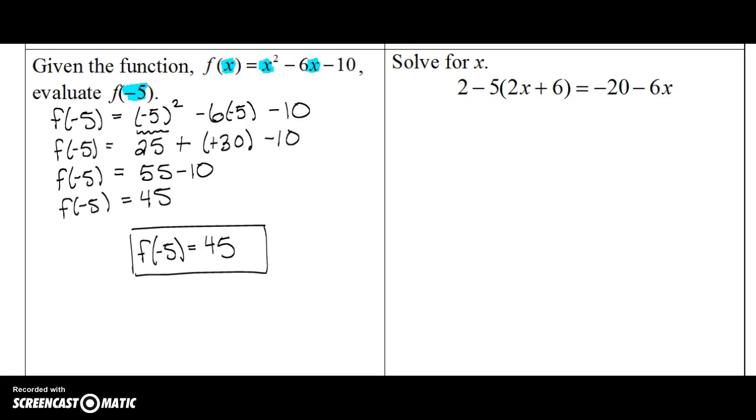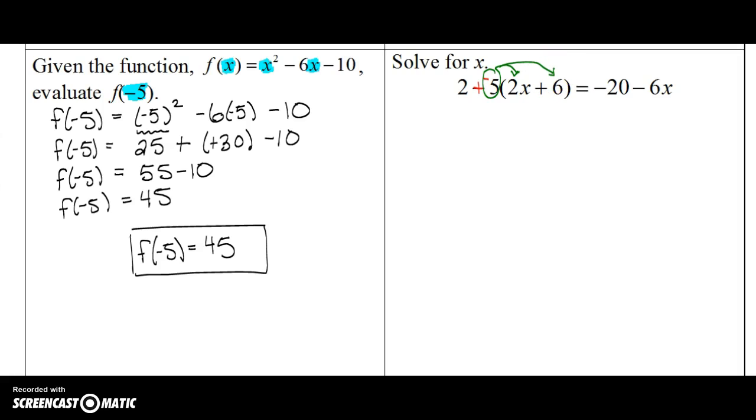Our last example is to solve an equation. We must simplify each side of the equation first before we can use our solve strategies. Again, I see that we are distributing with a subtraction. I am going to change my subtraction to add the opposite and distribute my -5.